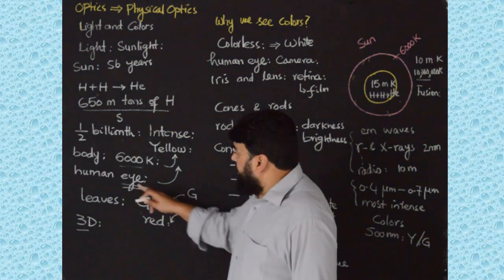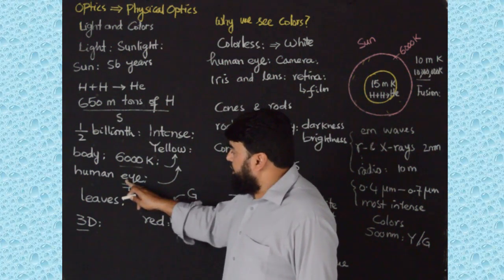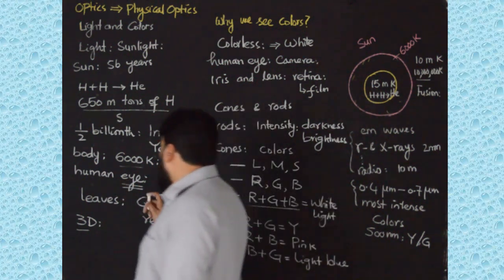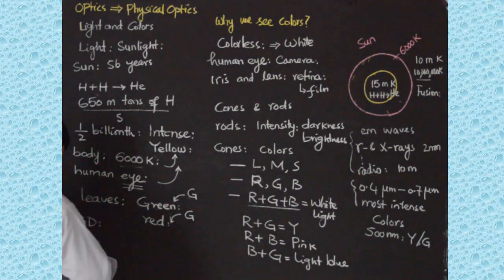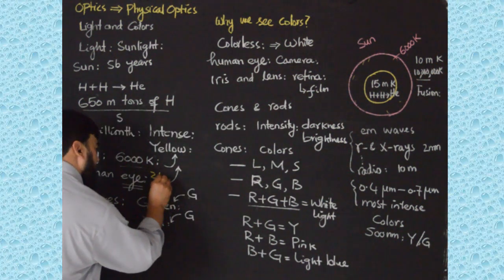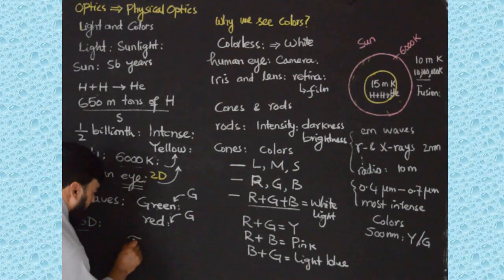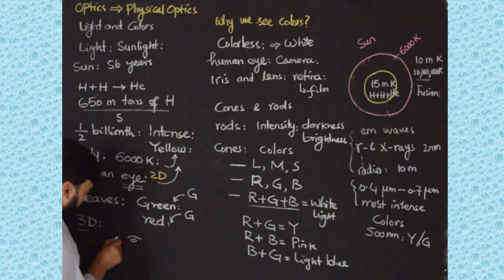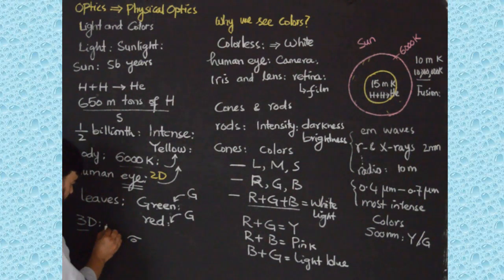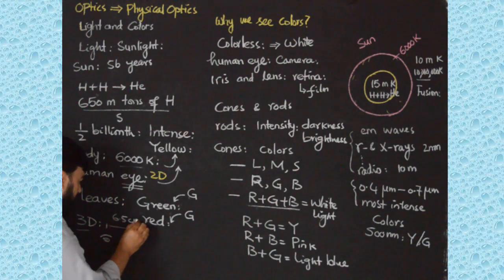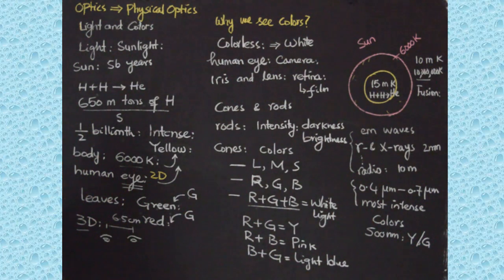In reality, our eye is not seeing in 3D, but in 2D only. It is seeing things flat. But if we consider the human eye, between the two eyes we have approximately 6.5 centimeters of distance.